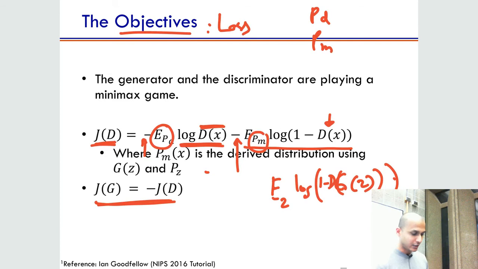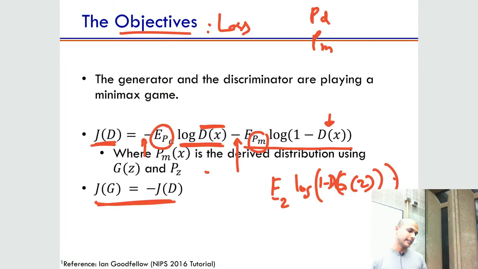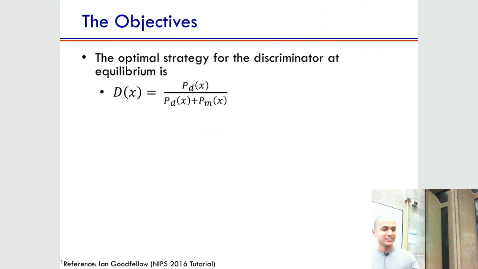Even at this level, if this is the objective, and you take the first derivative with respect to D and set it equal to 0, then you get D(x) as a function of the two distributions.